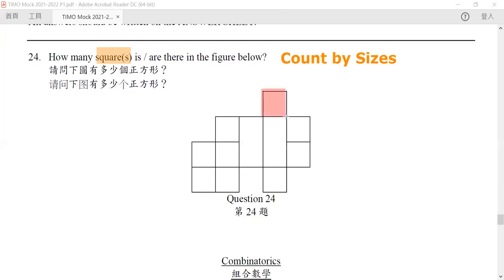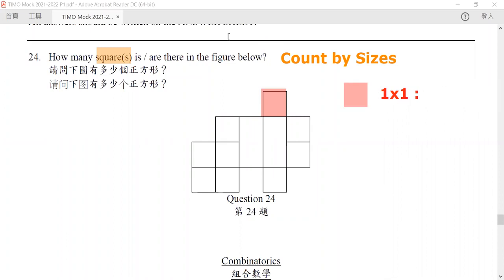How many squares of this size? It would be one by one. This is so-called one by one. How many squares are there which are one by one?